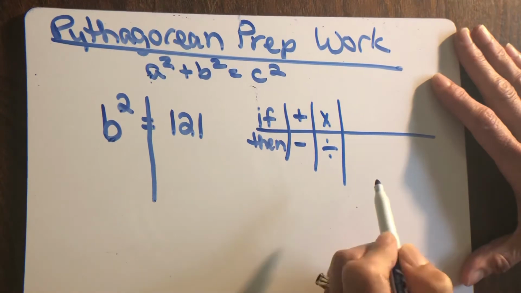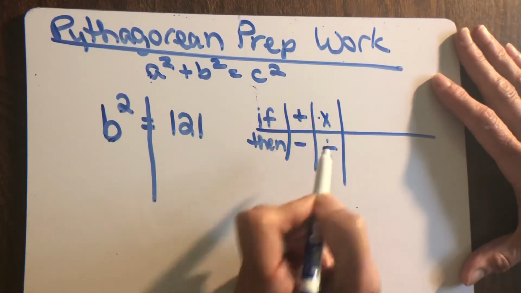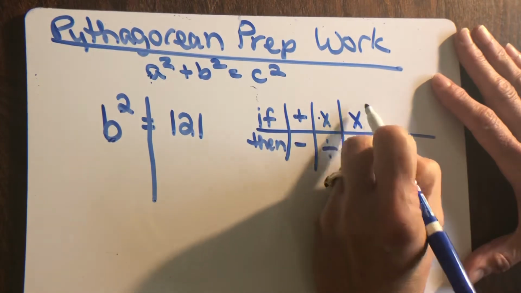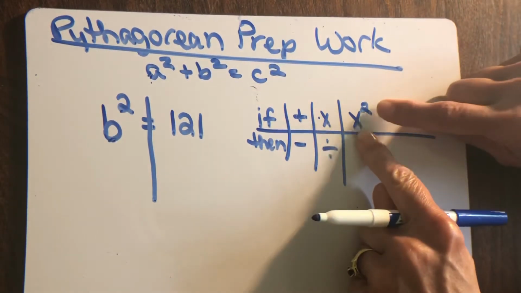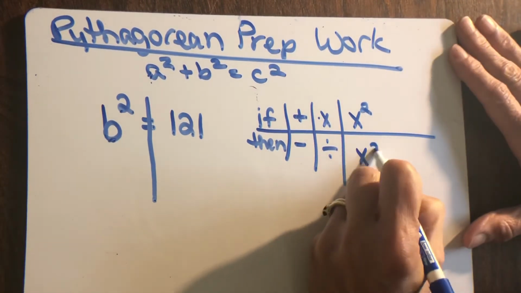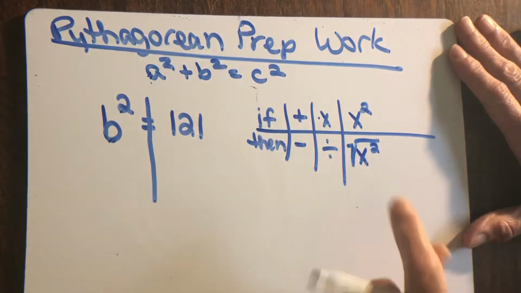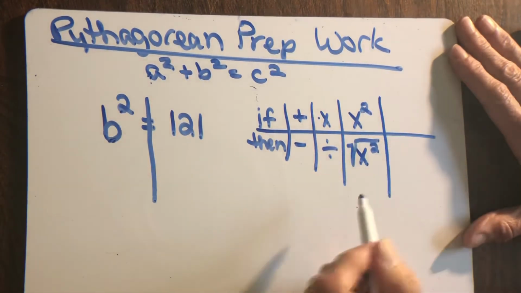Okay, well, adding to our little arsenal of opposite operations, if you are squaring your variable, how do you undo a square? You undo a square with a square root.